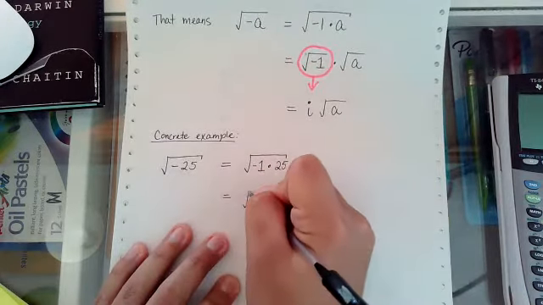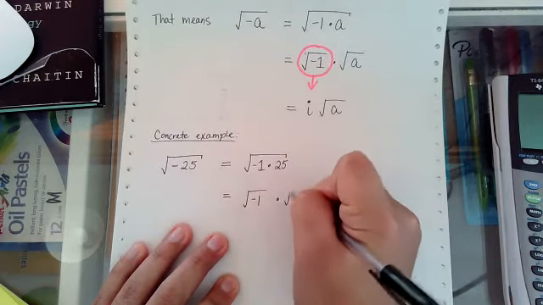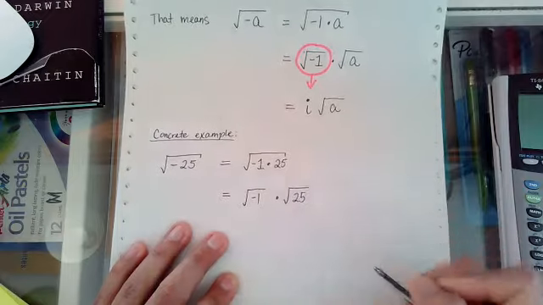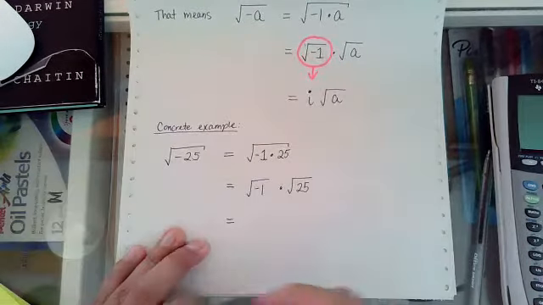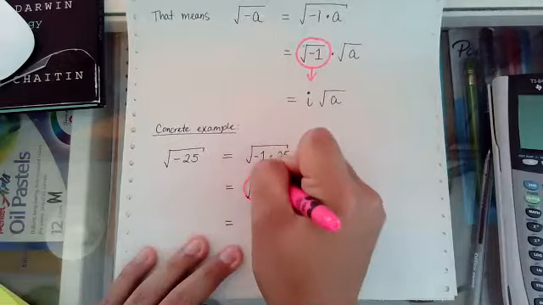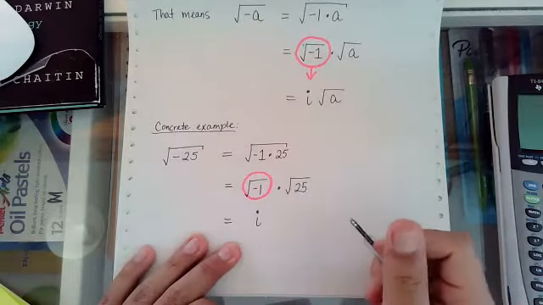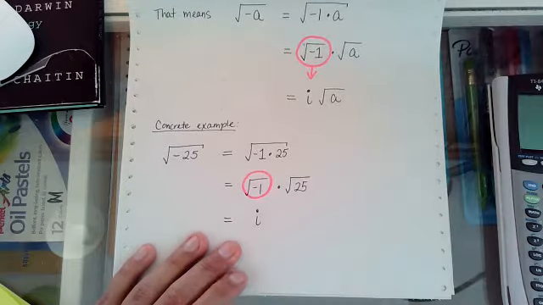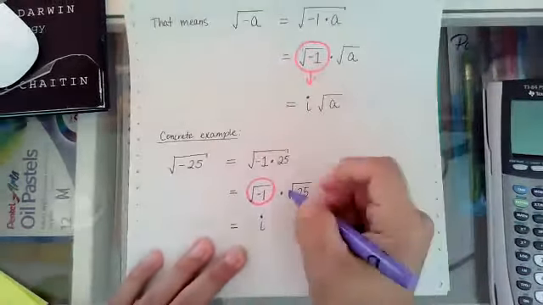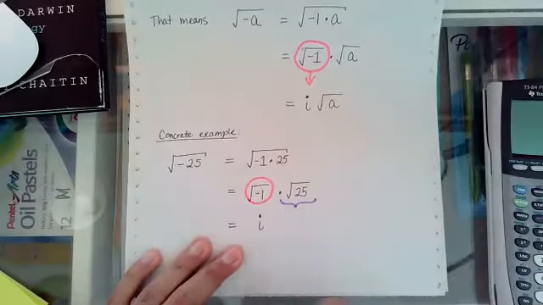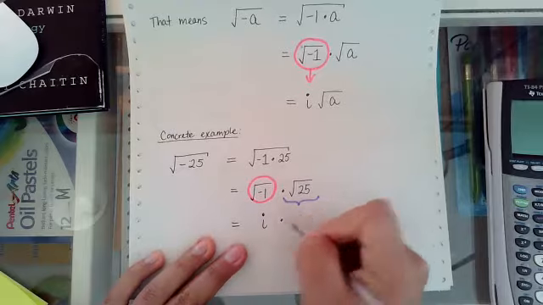That can be split up into the square root of -1 times the square root of 25. We can then call the square root of -1 the imaginary unit, so we'll just put an i here. And then we can simplify this number in particular just because the square root of 25 is a perfect square. That's going to be i times 5.